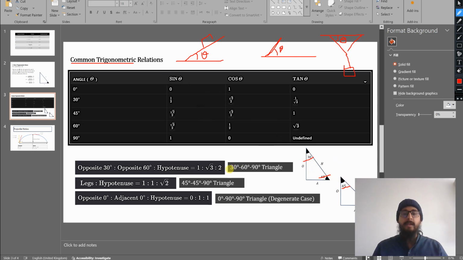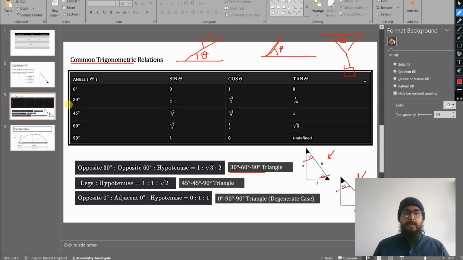So if we remember the trigonometric ratios of these special cases, which are the 30, 60 and 45 degree right angle triangles, then problem solving will become faster and handy, right?